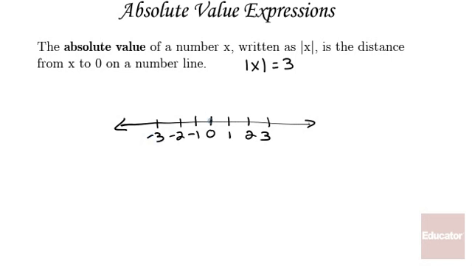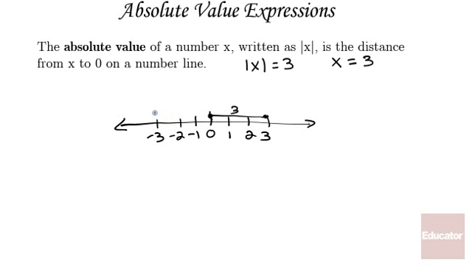So if I go from 0 to 3, this is 3 units away from 0 on the number line. Therefore, x could equal 3, because 3 is 3 away from 0 on the number line.